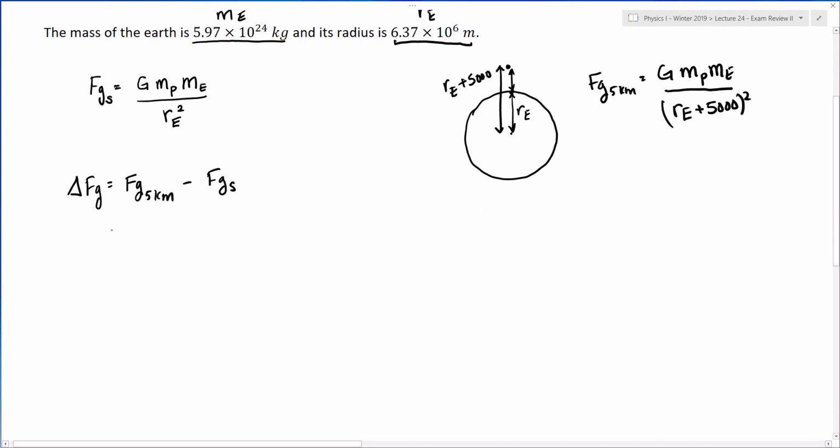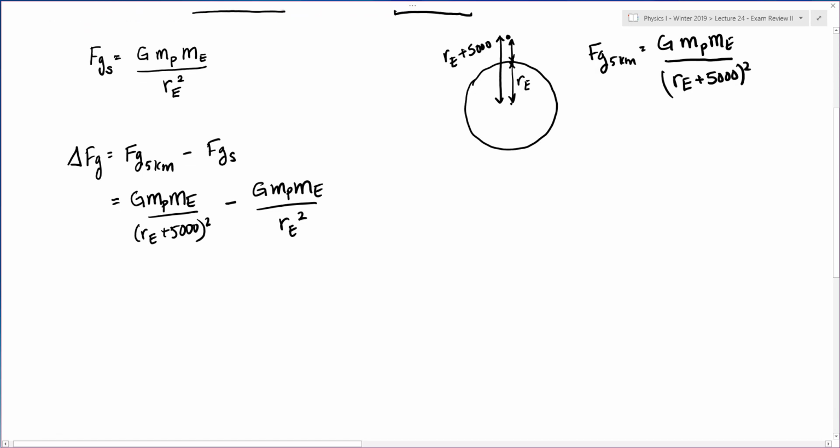I'm going to put in the formulas first. So G, mass of the person, mass of the Earth, over the radius of the Earth plus 5,000 meters squared, minus G, mass of the person, mass of the Earth, over the radius of just the Earth squared.